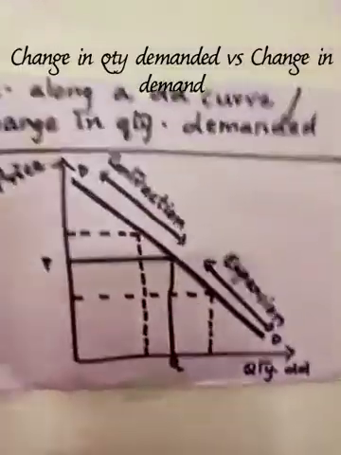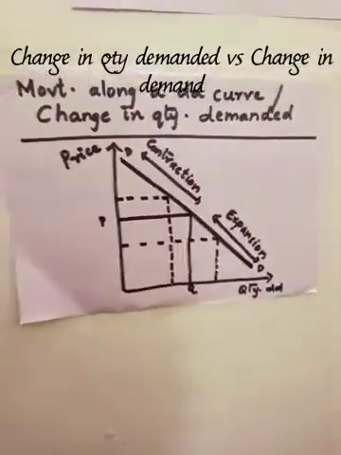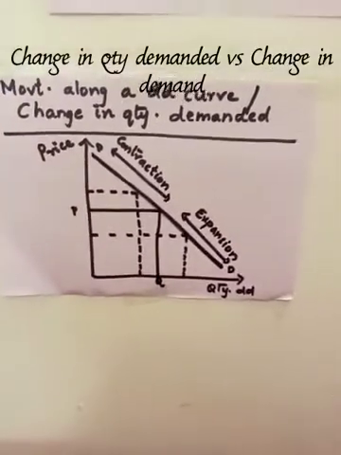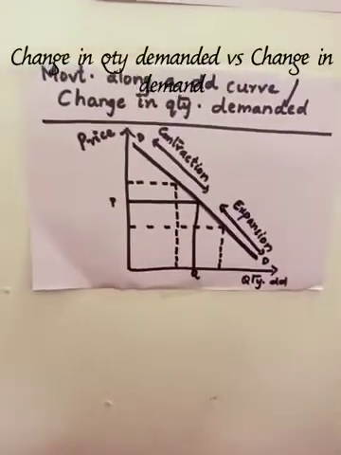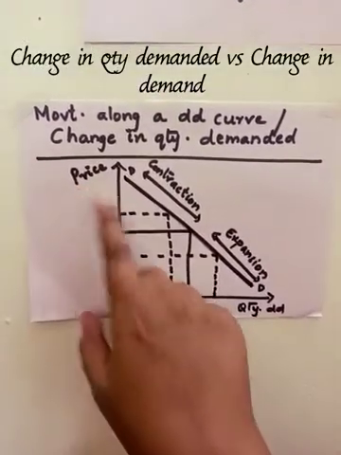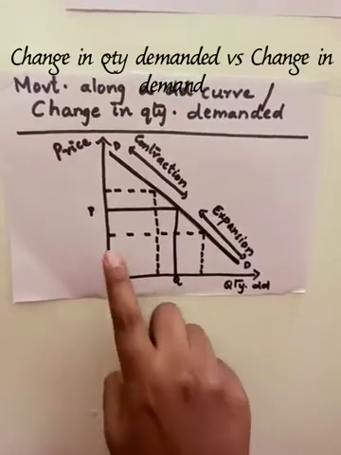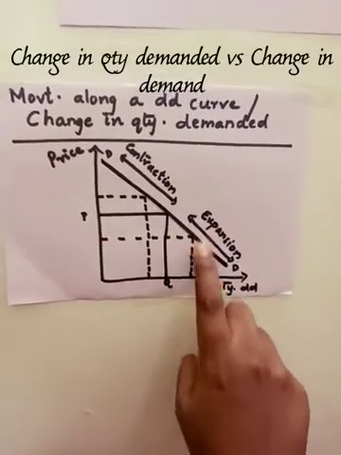Okay, so contraction and expansion, as you can see in the diagram, movement along a demand curve means when only the price of the product changes, what happens to the quantity. So price, quantity. When price increases, quantity decreases. When price decreases, quantity increases.